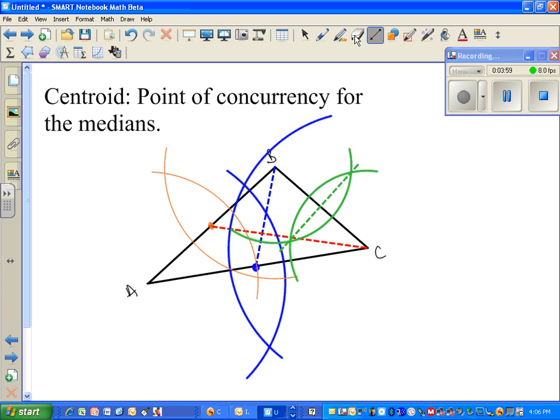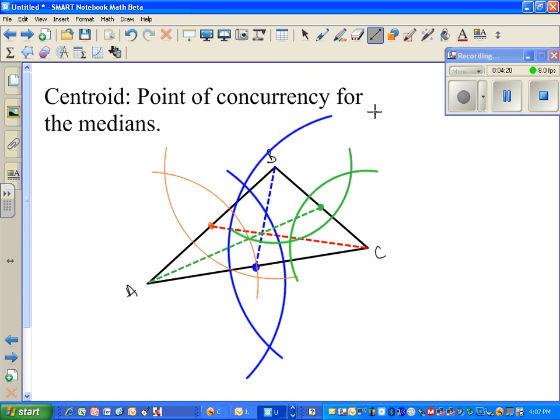All I care about is the midpoint. So I'm going to highlight the midpoint. I'm going to get rid of that line. Now I'm going to connect from A to that midpoint. And I'm going to have a point of concurrency.